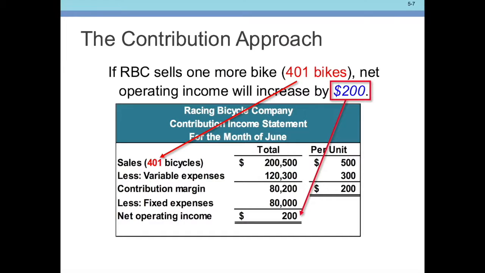So that's a very important part of the overall management. The 401st bike, as you can see here, adds $200 to net operating income, and of course every bike after that would add to net operating income. In addition, you don't even really need to look at a net operating income statement.